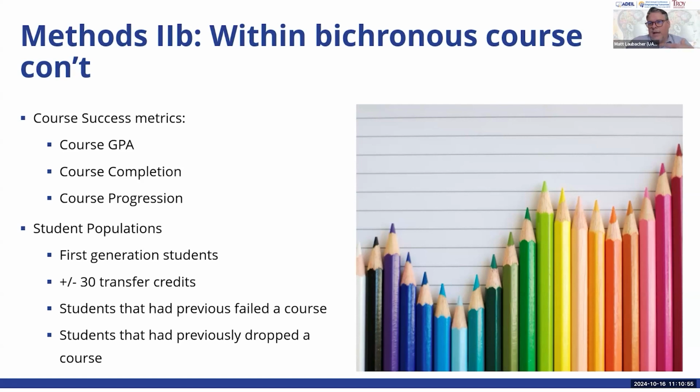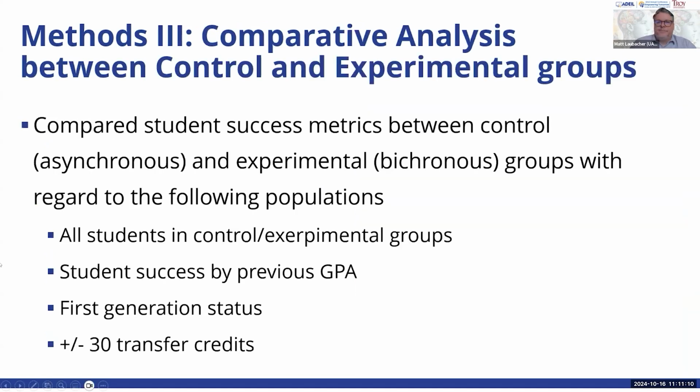We are a transfer credit heavy institution, so the institution has set 30 transfer credits as its delineating factor and as an at-risk population. Also students who had previously failed a course and students who had previously dropped a course.